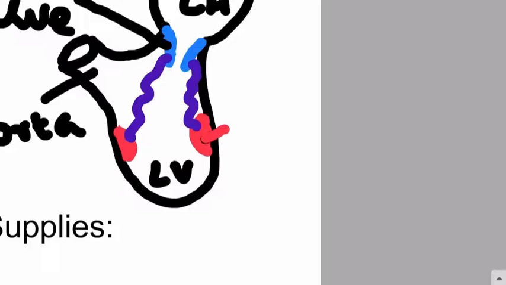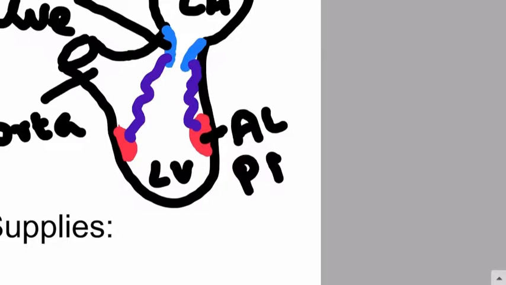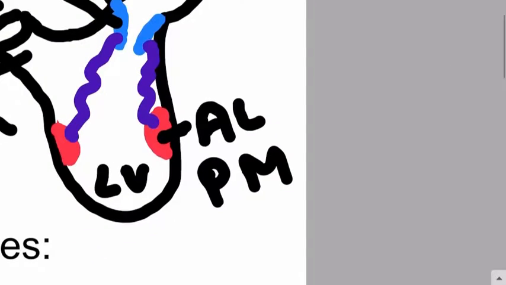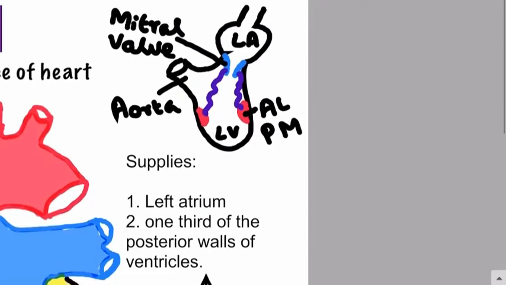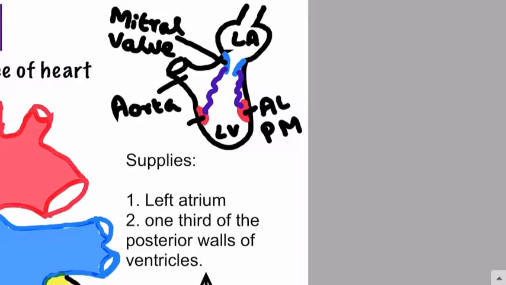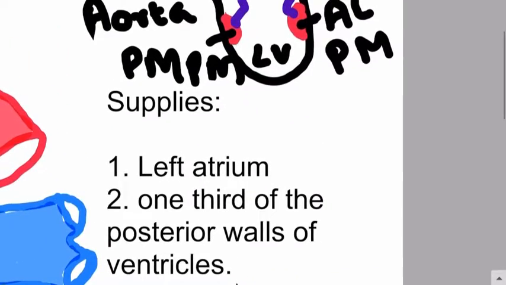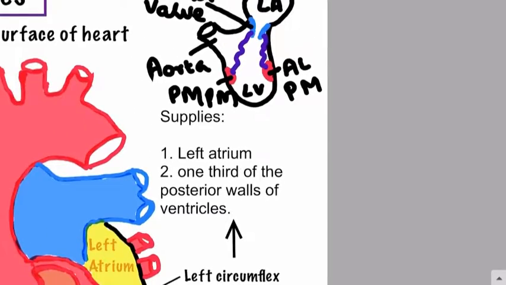One is this one, which is known as the anterolateral papillary muscle. This is supplied by the LAD. The other one is the posteromedial papillary muscle, and this is supplied by the posterior descending artery, or PDA. We will discuss it in a while.